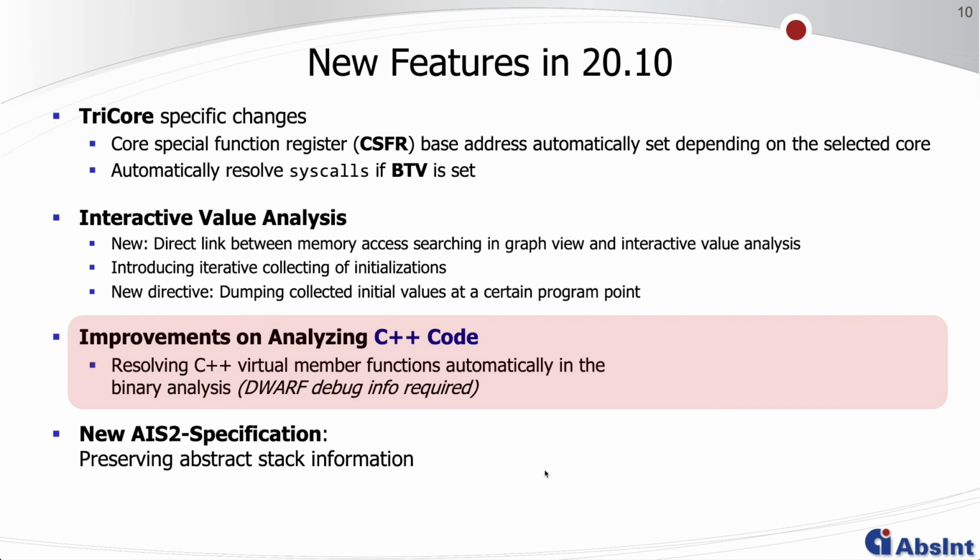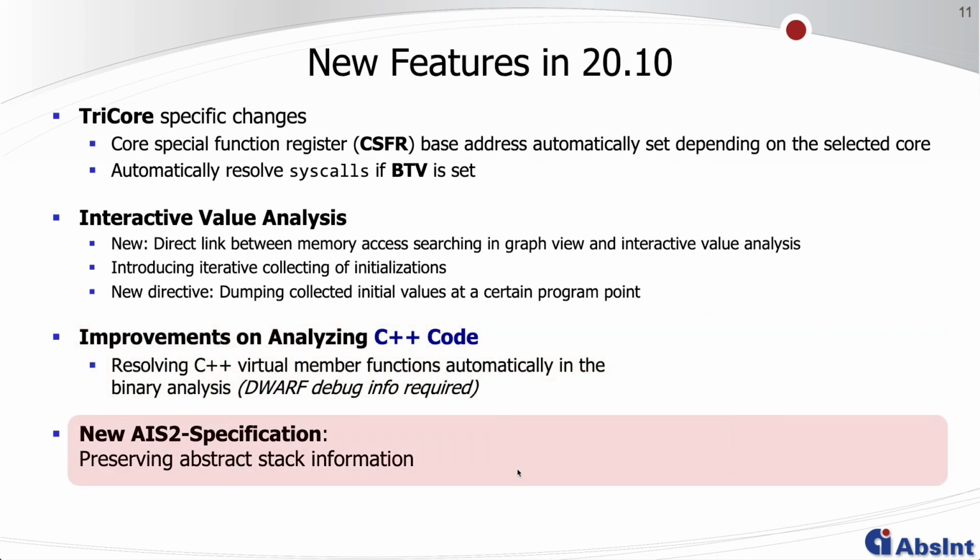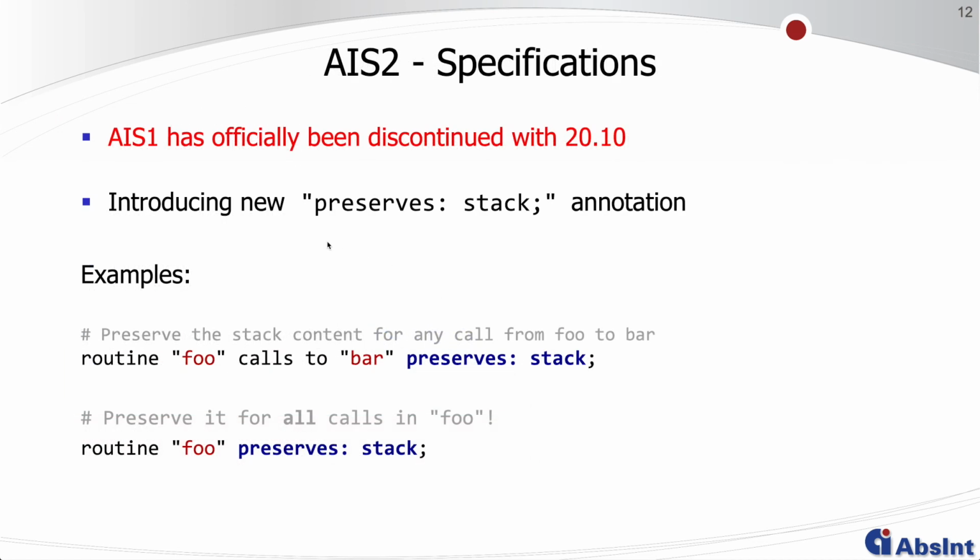Before I introduce the new aiT2 specification to preserve the abstract stack information, let me make an important announcement. With this release 2010, the first generation aiT specification language has officially been discontinued. That means the former aiT1 specifications will no longer be supported with 2010 and higher.